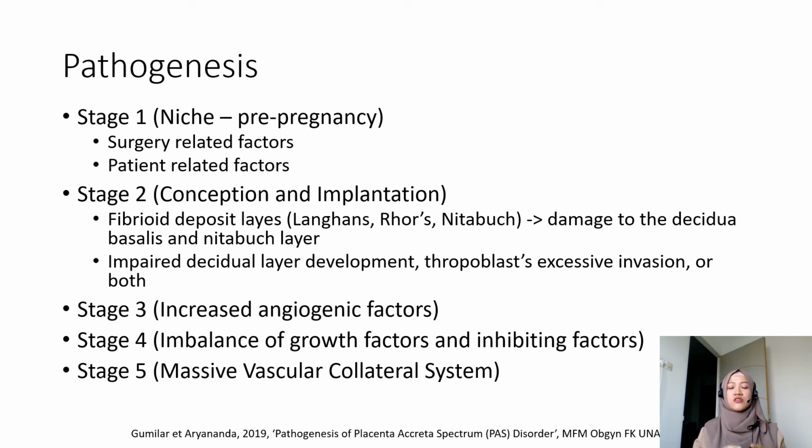So the vascular is not only limited in the placenta and in the myometrium, but already collateral with the bigger vessels, like the uterine and arcuate arteries, which are already dilated, and so on.